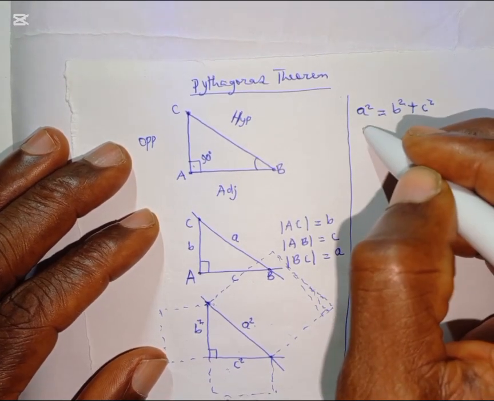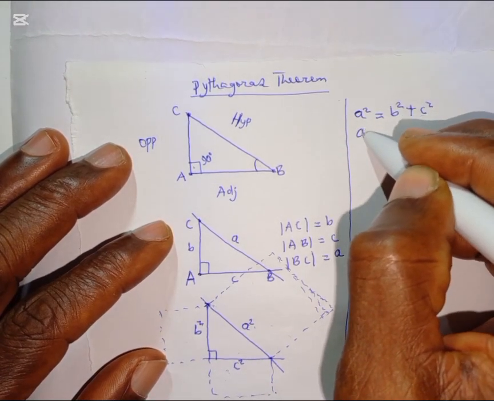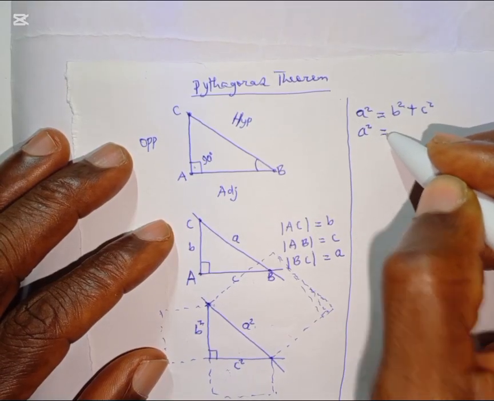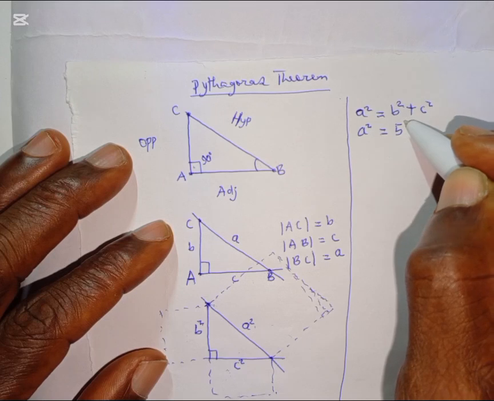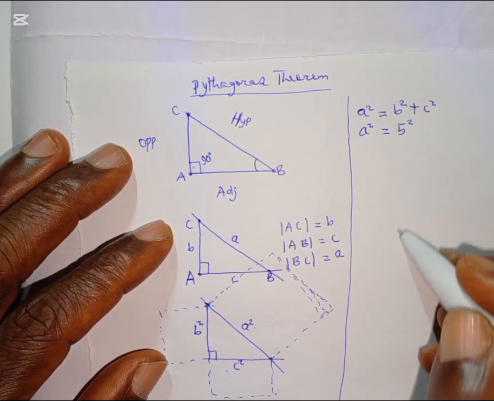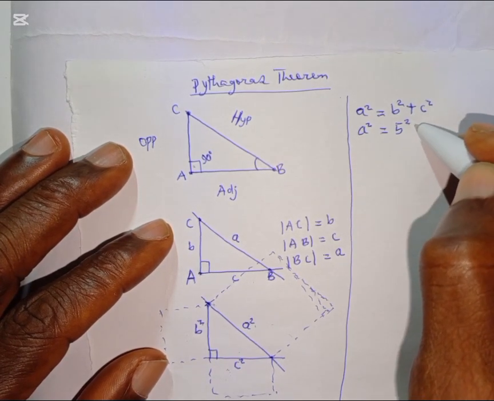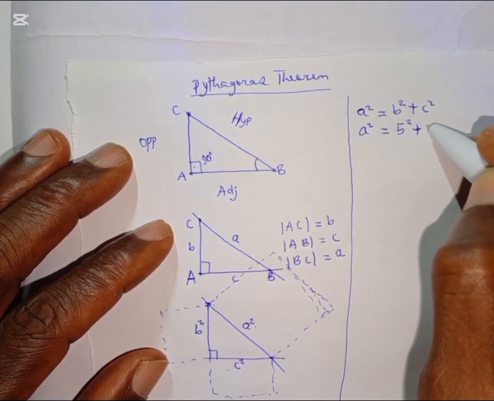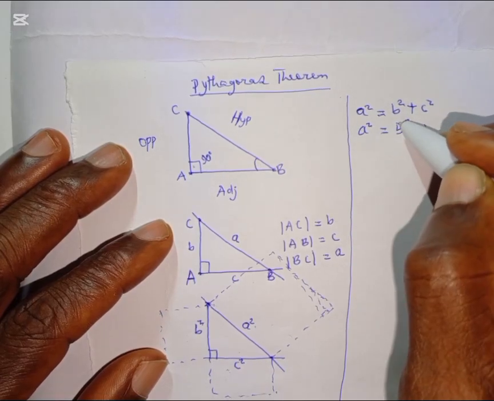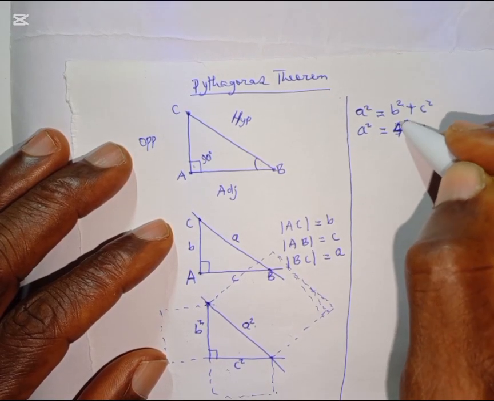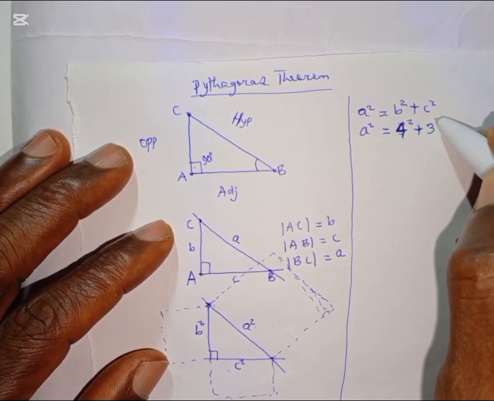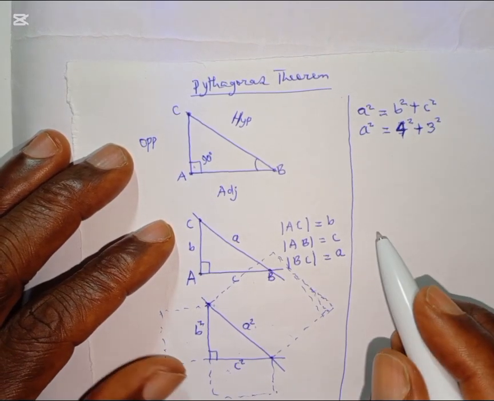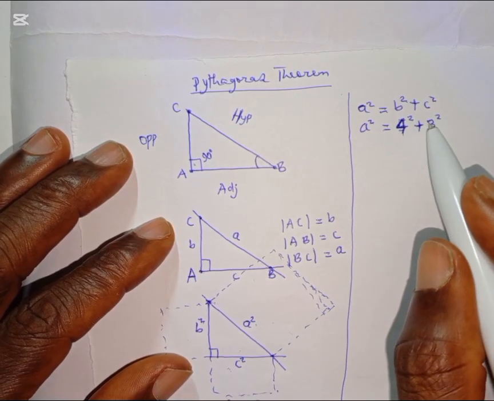Let us assume we are finding the length a. So let's assume b is 4 cm, and c is 3 cm. Okay, good. 4 cm, 3 cm.